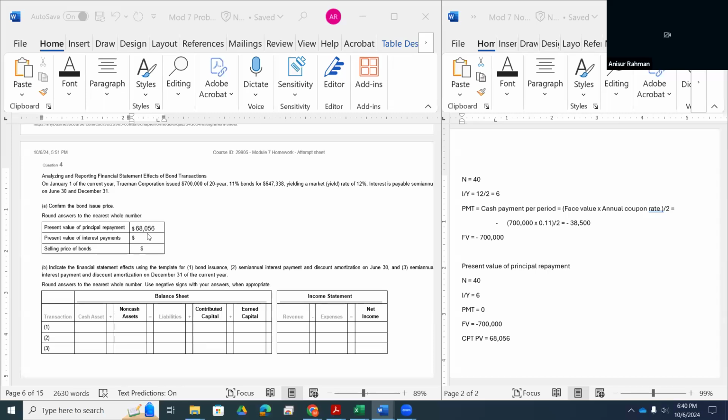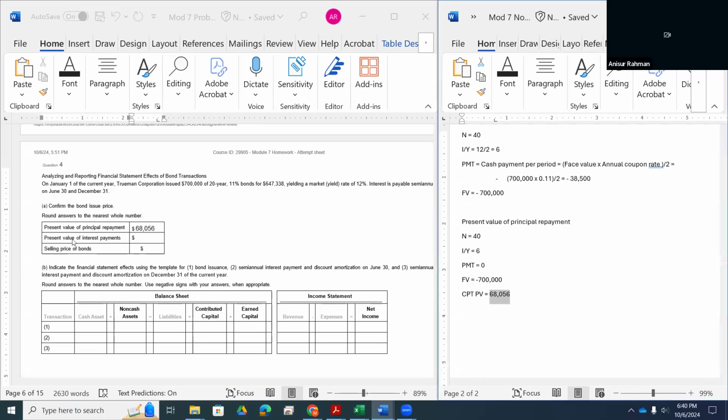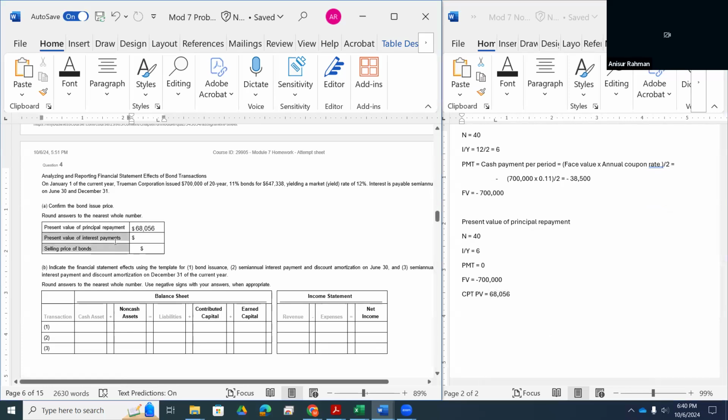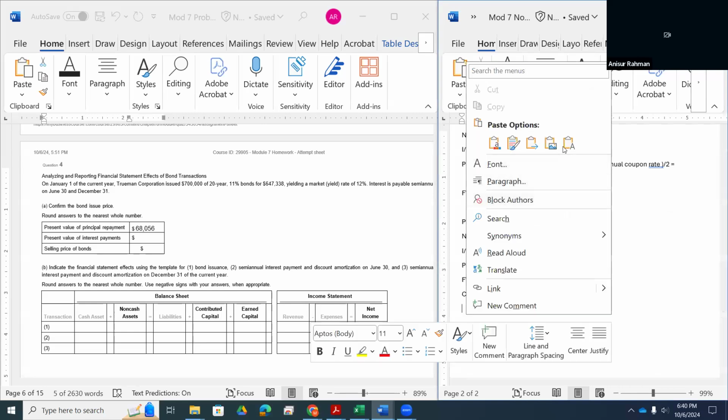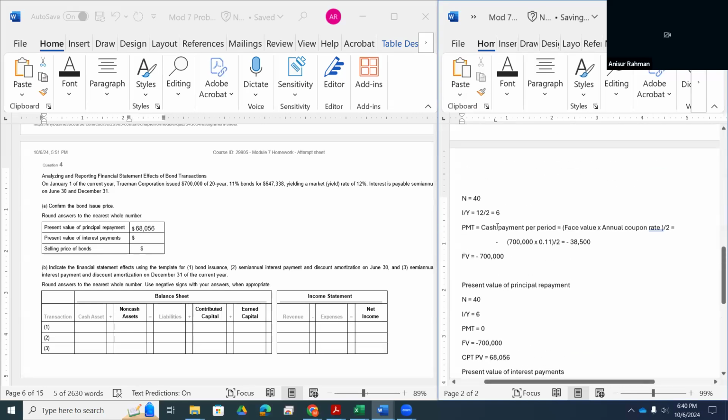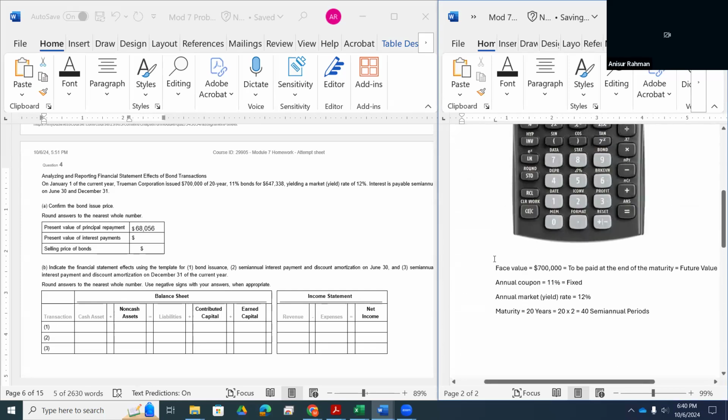Now, the next part of the problem, present value of interest payments. So this is our question 4.